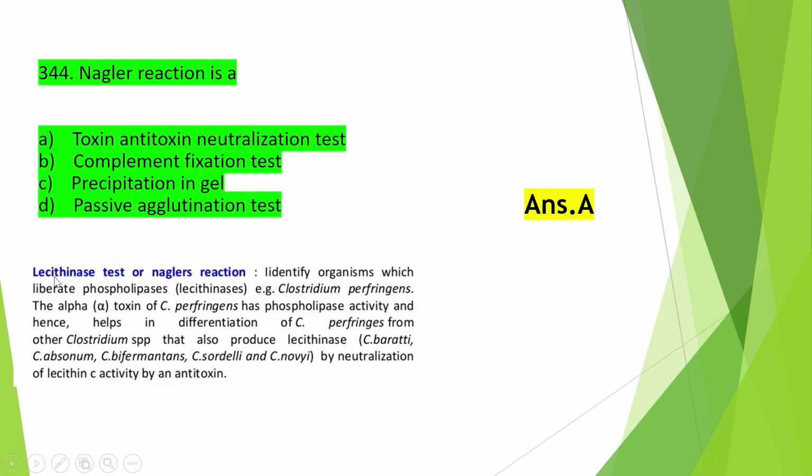So lecithinase test or Nagler reaction, which identifies organisms which liberate phospholipases, that is lecithinase, example Clostridium perfringens, and the alpha toxin of Clostridium perfringens has phospholipase activity and hence helps in differentiation of Clostridium perfringens from other Clostridium species that also produce lecithinase, okay, by neutralization of lecithinase C activity by an antitoxin.